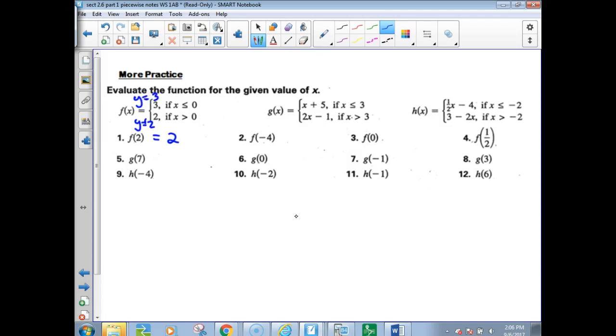So there's only one y value for all of those x's. f of negative 4 is less than 0, so it'd be 3. f of 0 is for the first one because it includes 0, that'd be 3. And f of 1/2 would be 2 because it's bigger than 0.